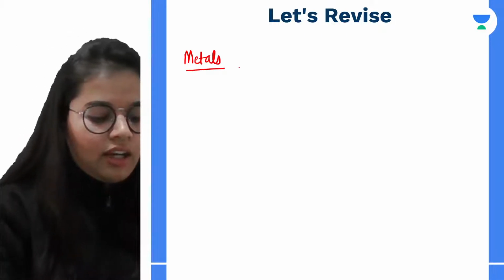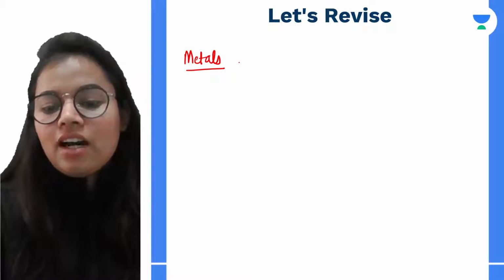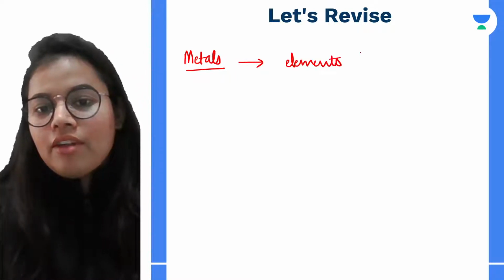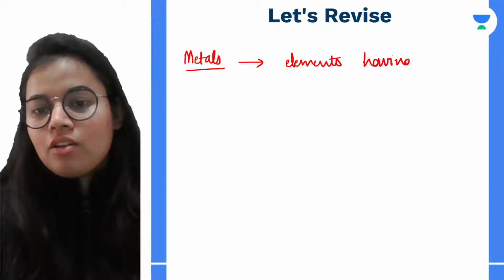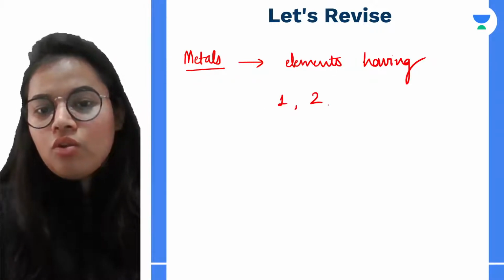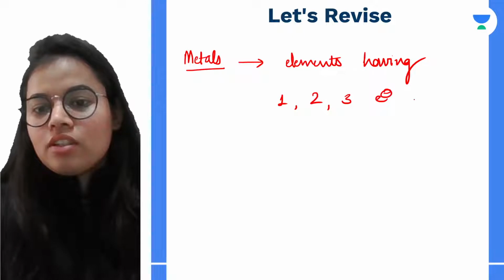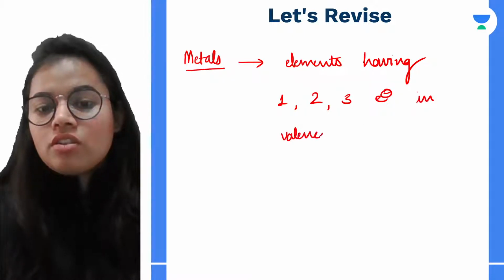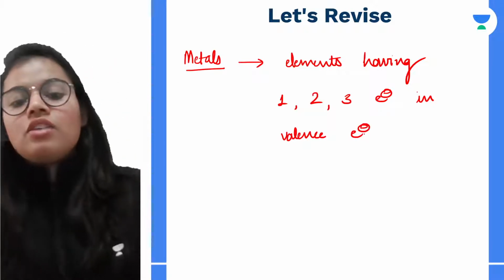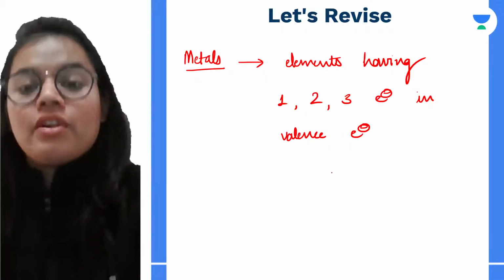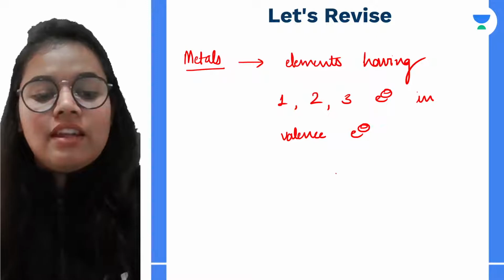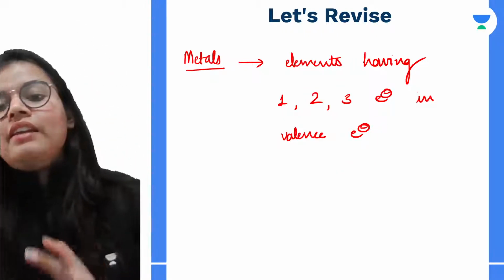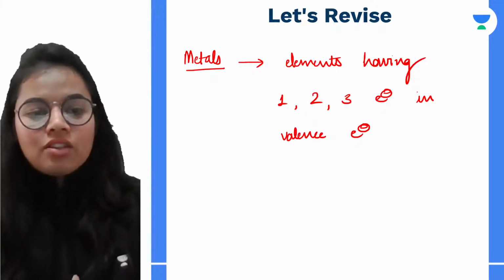Metals are the elements having 1, 2 or 3 electrons in the valence shell, and because of 1, 2 or 3 electrons being present in the valence shell, they easily donate their electrons and they have got the electropositive nature, right?